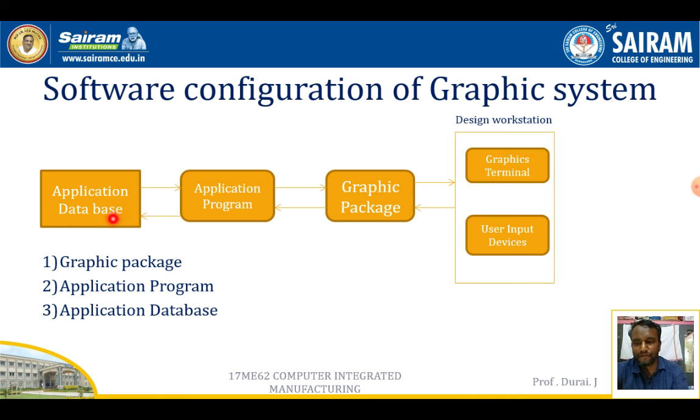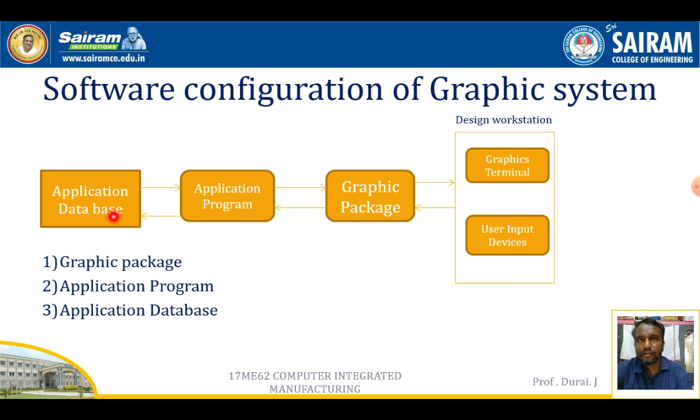For example, if we take SolidWorks software, as you people experienced in the previous third or fourth semester, if you give a line length of 25 plus 12, we can give it directly as 37, or give 25 plus 12 in the system itself and it will add the value. Okay, so those things are done with the help of this application database.